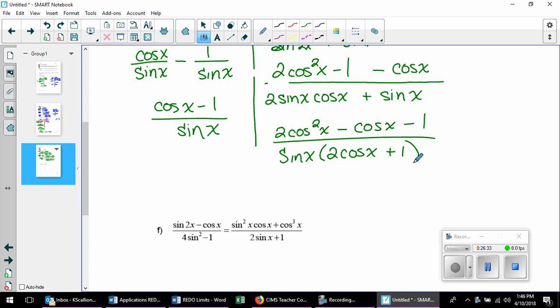Does that look like something I might be able to factor? Right? Like if you think of this as 2x squared minus x minus 1, can you factor that?